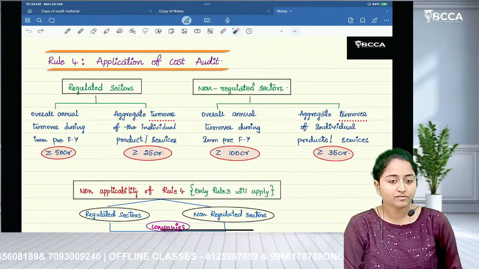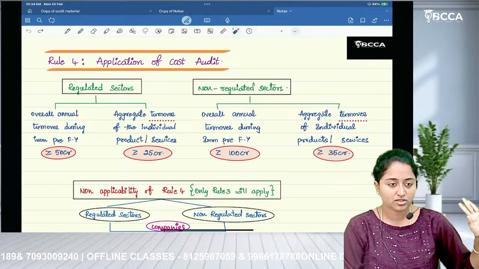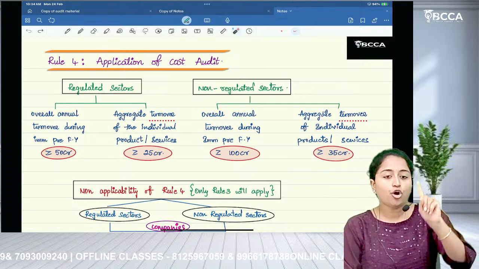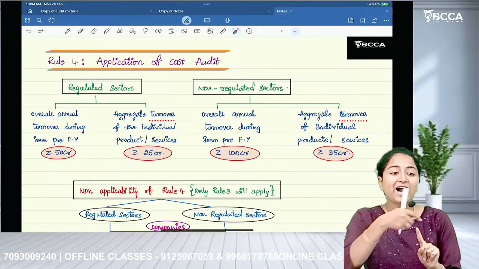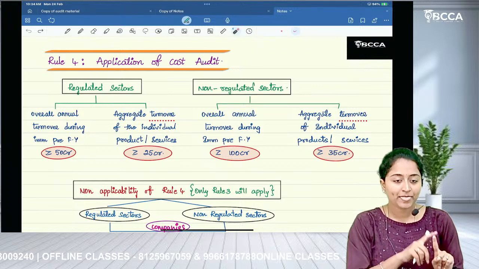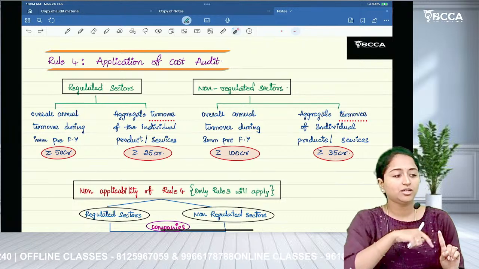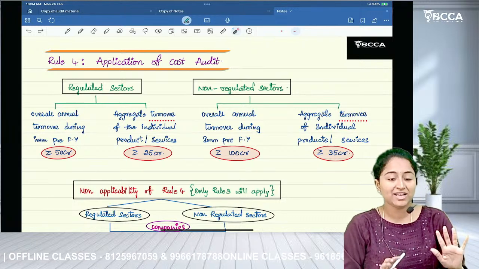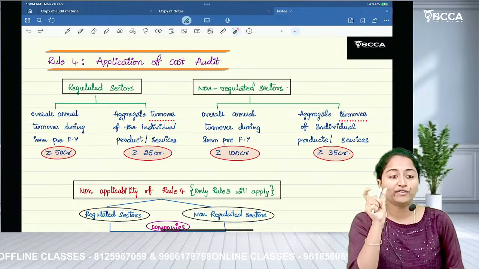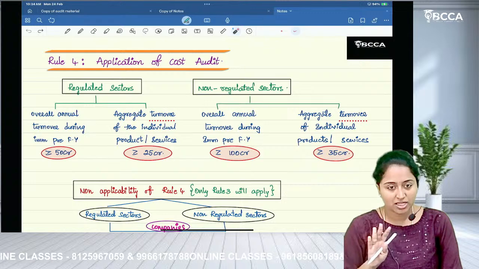Cost records will be maintained if turnover is more than 35 crores. But cost audit will be done only if overall turnover is more than or equal to 50 crores and aggregate turnover of individual products or services is more than or equal to 25 crores. Clear?